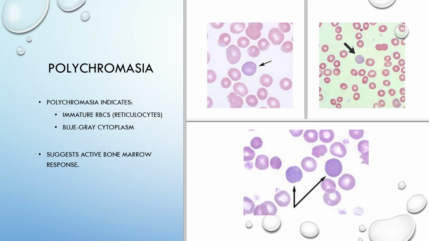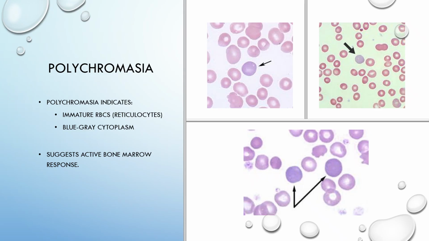In many situations, this reflects a compensatory response. For example, if red blood cells are being destroyed or lost, as in hemolysis or bleeding, the bone marrow may accelerate erythropoiesis and release reticulocytes earlier than usual. Because reticulocytes are slightly larger than mature red blood cells, areas of polychromasia may also contribute to increased RDW or mild macrocytosis on analyzer results.